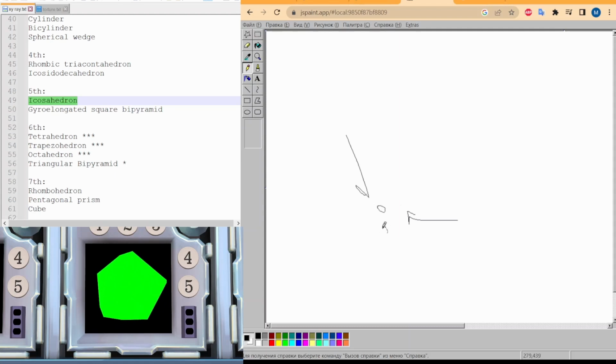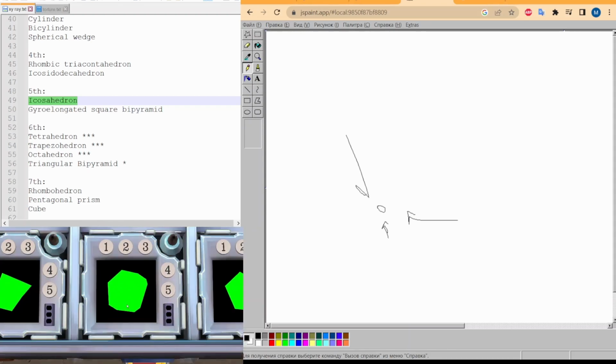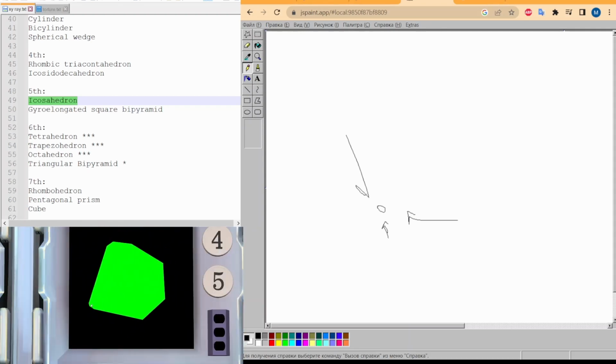So like that. But this is where it gets tricky. If you look at this very slowly, you could see when they connected. One of them obviously went that way.